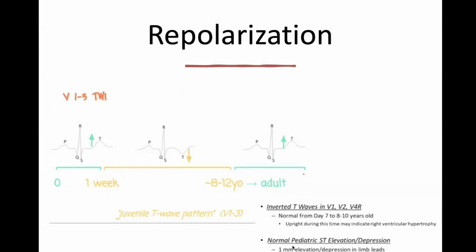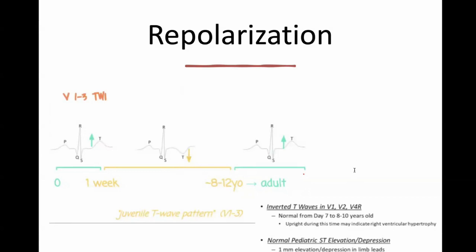Pathologic ST and T wave changes are less frequent in the pediatric age group because ischemic heart disease and infarction are rare in this population. Nevertheless, certain ST and T wave changes can signify serious myocardial disease, so proper identification of these changes is critical.